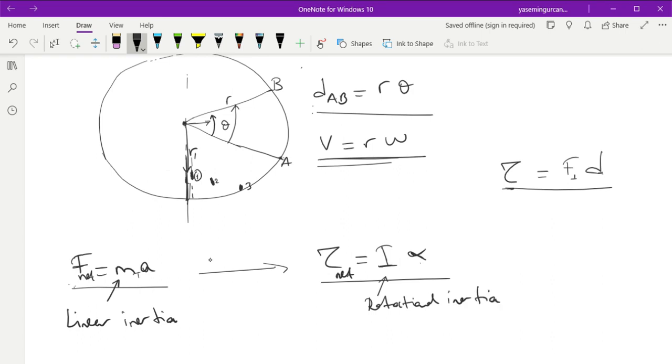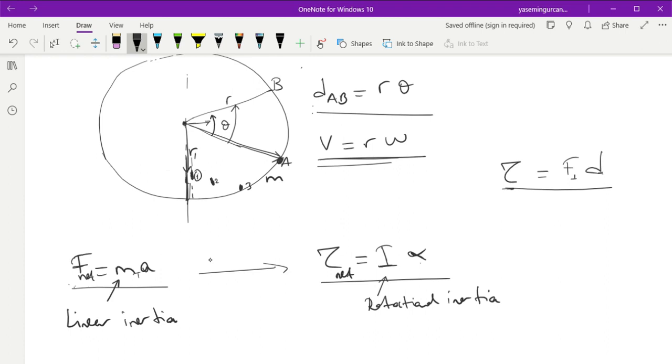If you haven't done this, I would like you to attach a string around a small object in the house and try to rotate it at the end of that string. The string length is going to be the radius of that rotation, right? If you rotate an object of mass m at the end of a string, and make the rotation at a smaller radius, just make the string shorter, hold it from a shorter end, you will see that it's harder to rotate at a longer radius.